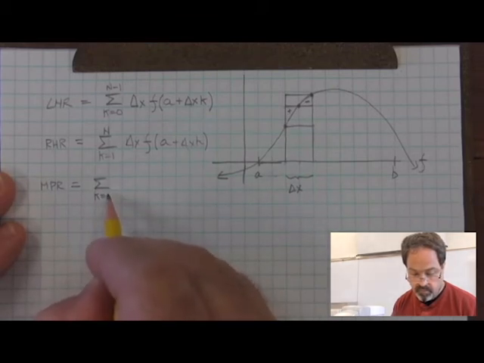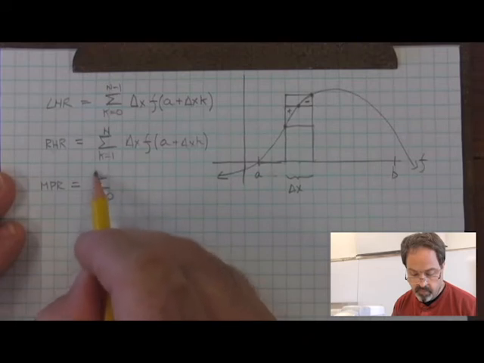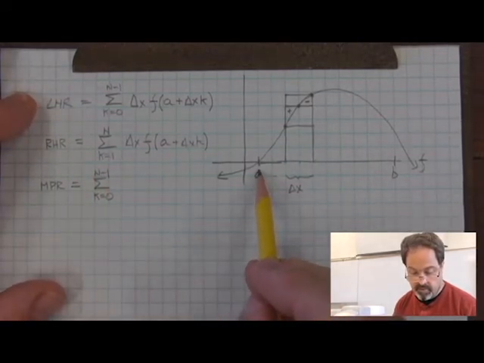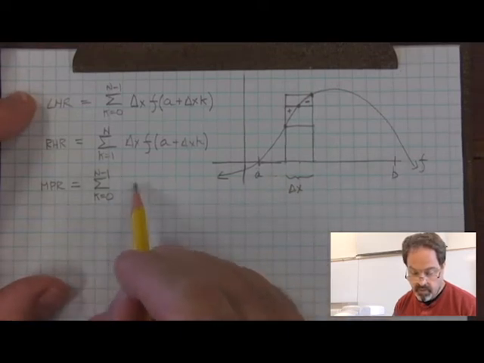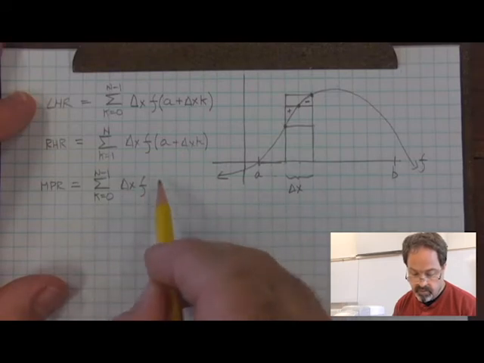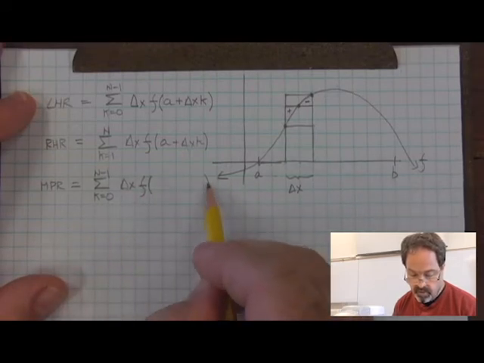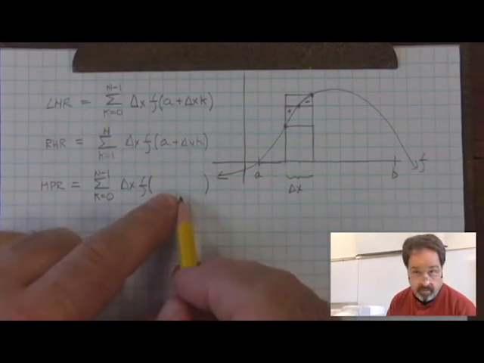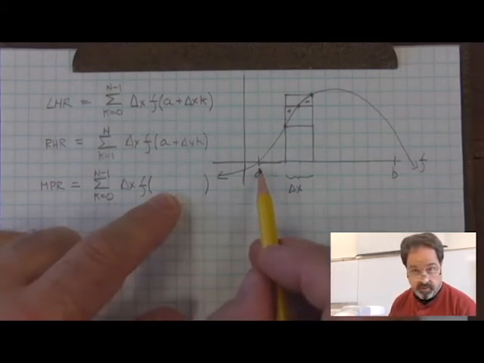We're going to begin with a k value of 0 and go up to n minus 1, just like the left-hand rectangles. The argument is still going to multiply delta x as the base, and we're still going to get our heights from the function. But our beginning is going to change.